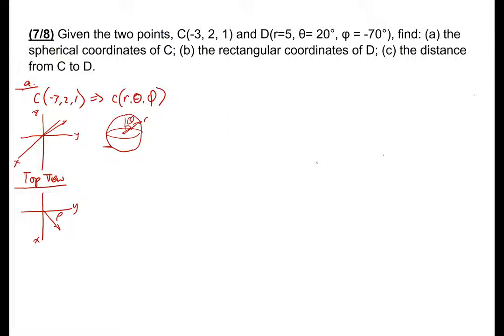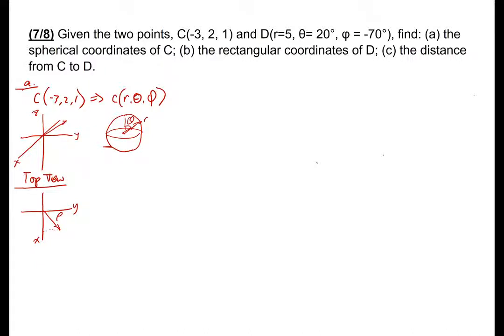Okay, so there's a formula to that, no? Very simple. We know that R is related to rho, and rho is related to XY. So the rho is just the resultant of X and Y. So there's a right triangle here, and the rho is related to R given the angle theta.